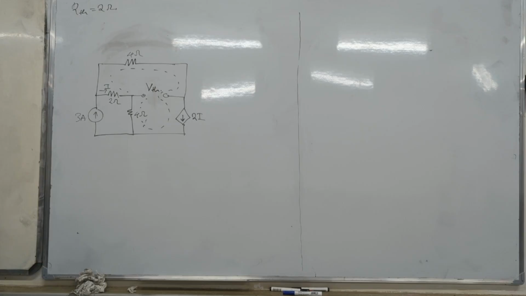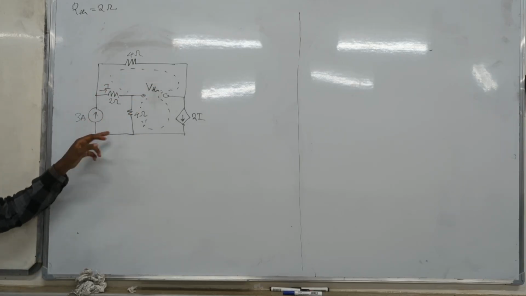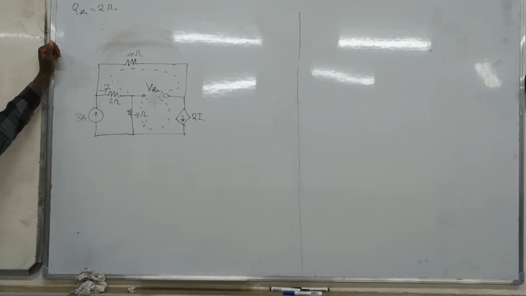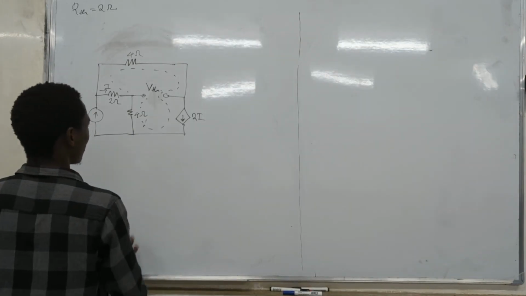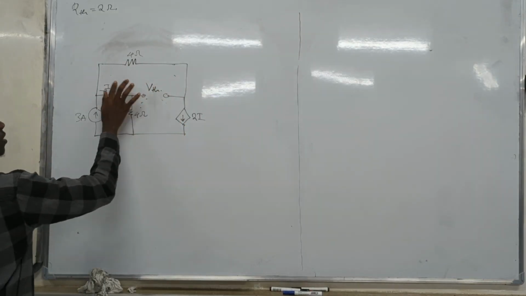So if you want to use mesh analysis, you have to assign a current to this mesh and which other one? Where's the other one? You can, but yes. Yeah, can do that. So the methods are a lot.